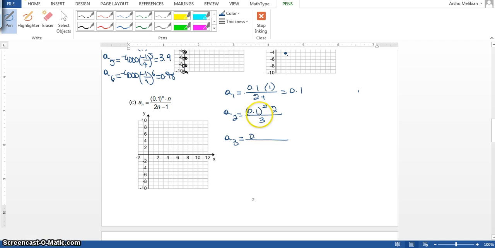A3 is 0.1 cubed times 3 over 2 times 3 is 6 minus 1 is 5. A4, 0.1 to the 4 times 4 over 7, and so on and so forth.